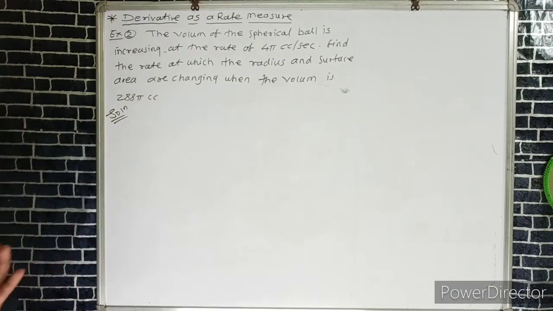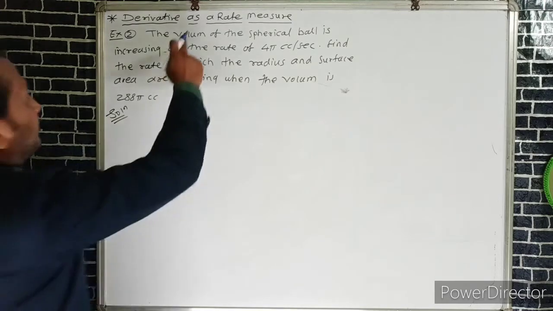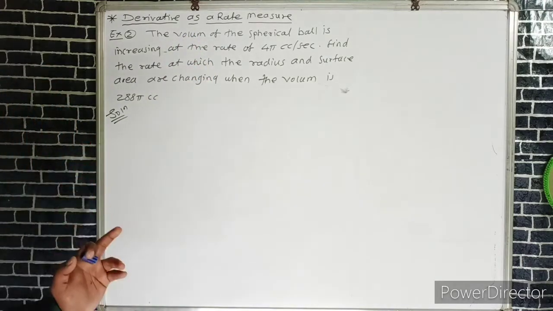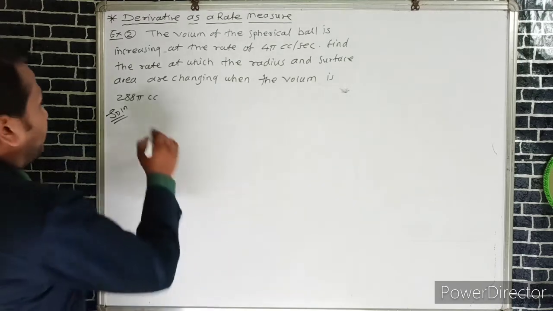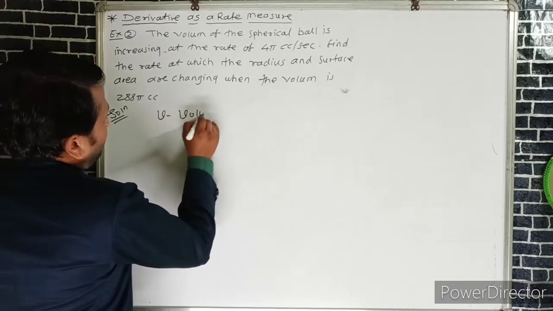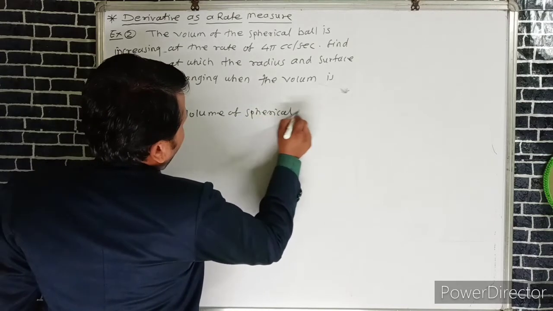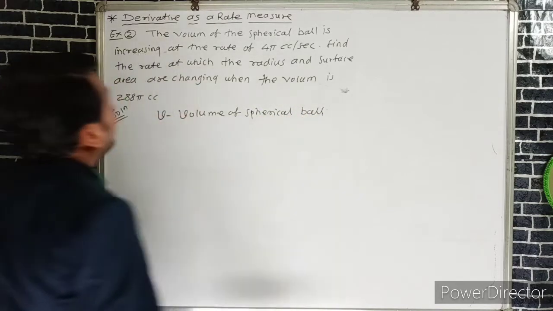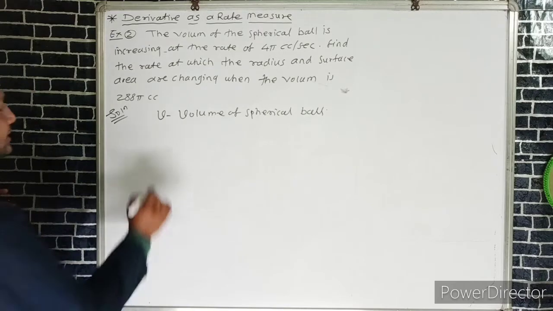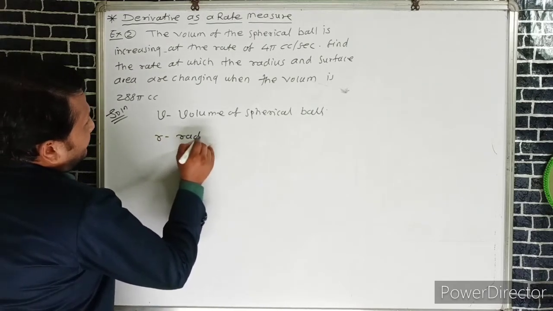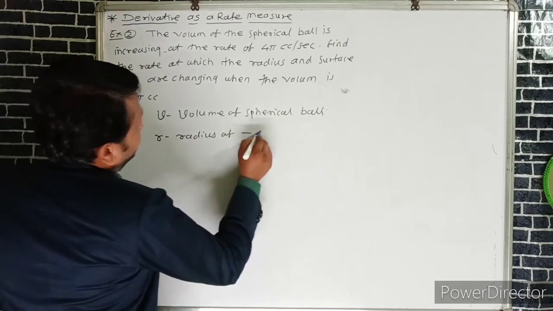First we consider that V is the volume of the spherical ball and r is the radius of the spherical ball.